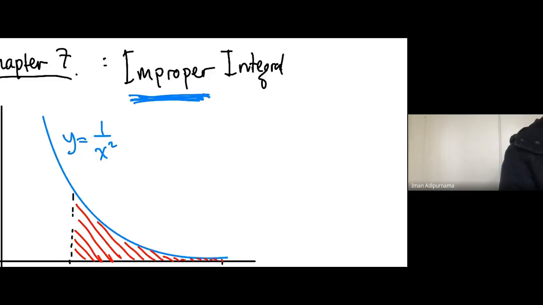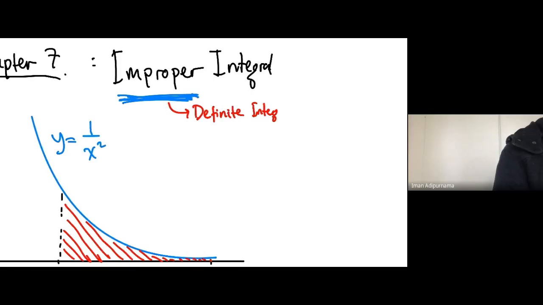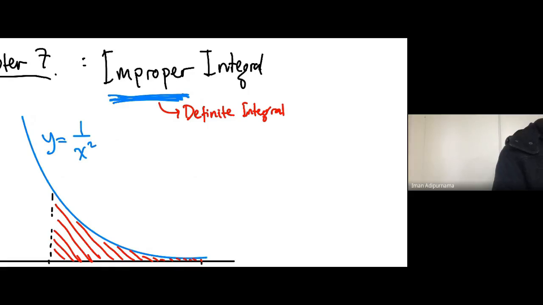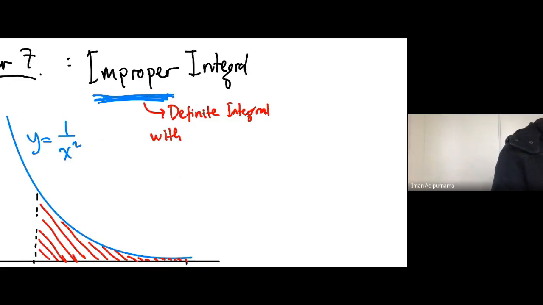For example, I will divide this improper becomes 2. If you have definite integral with infinite interval.